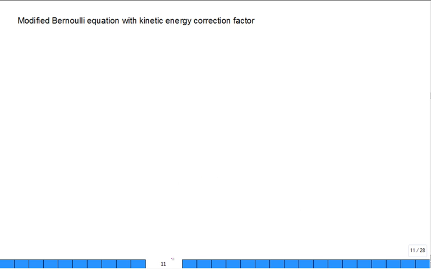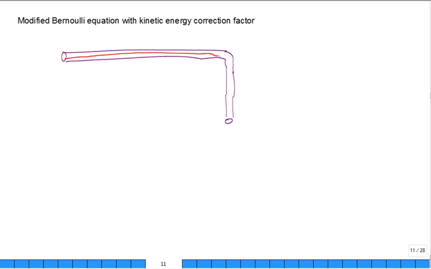Well, we move to a modified Bernoulli equation. So let's say I have a pipe and I have flow in that pipe, but it comes down and does a 90-degree elbow turn, okay? And then it comes down here. You can do a Bernoulli equation that goes from 1 to 2. Let's write Bernoulli's equation down in terms of units of pressure.